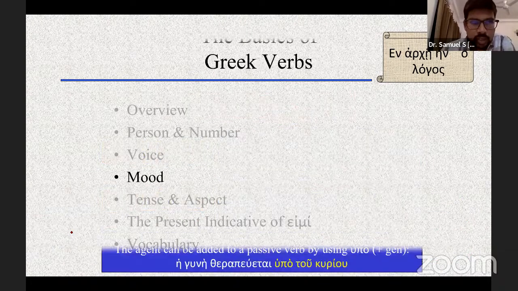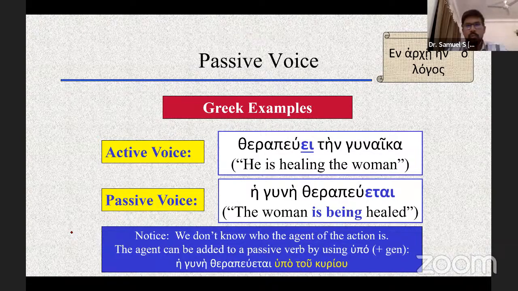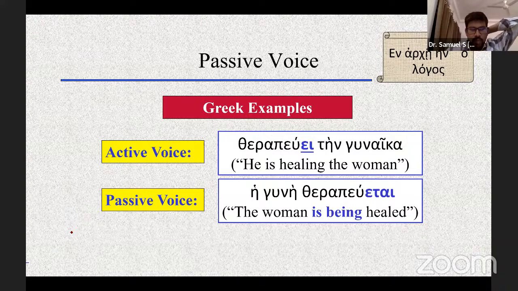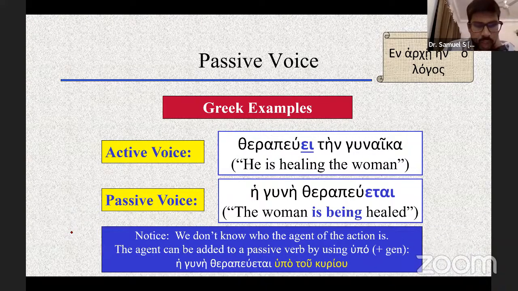What is this? Let's see the note there. We don't know who the agent of the action is. The agent can be added to a passive verb by using hupo plus genitive. So hē gunē therapeuetai, the woman is being healed. By whom? You can say hupo tou kuriou. Hupo is a preposition, by, tou kuriou, by the Lord.